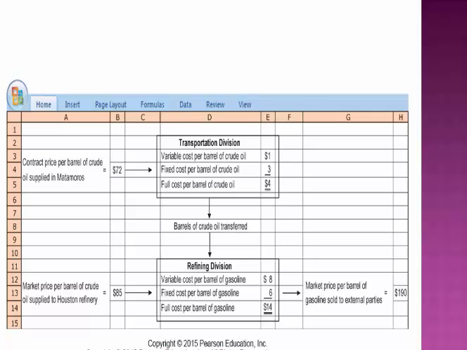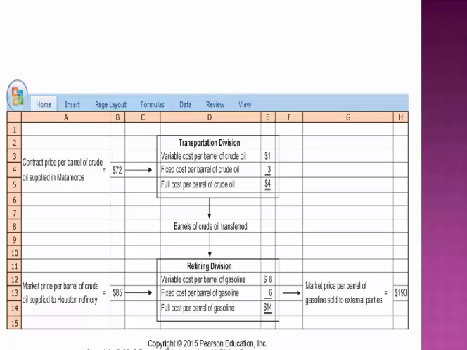Another one we're going to look at is some markup on cost. For our example, we're going to say, how about 105% of full cost? In other words, full cost times 0.05 is a dollar amount that gets added to the cost.